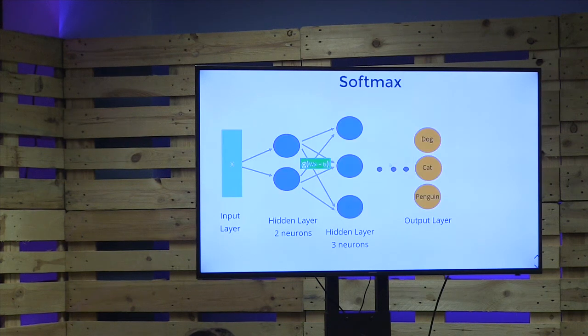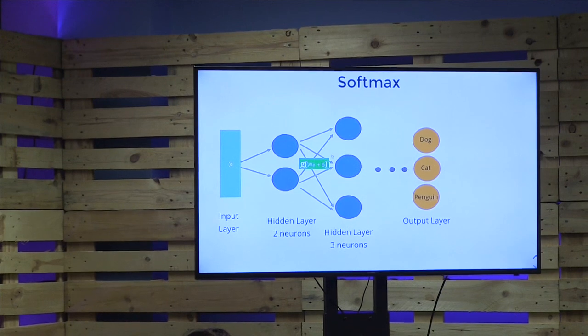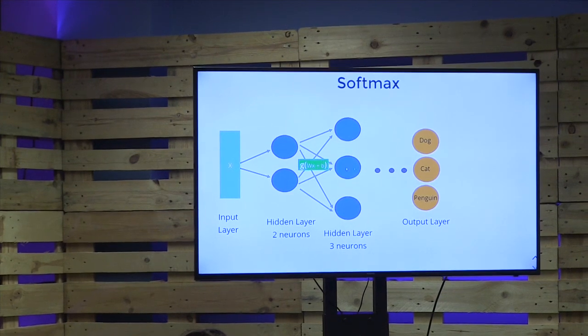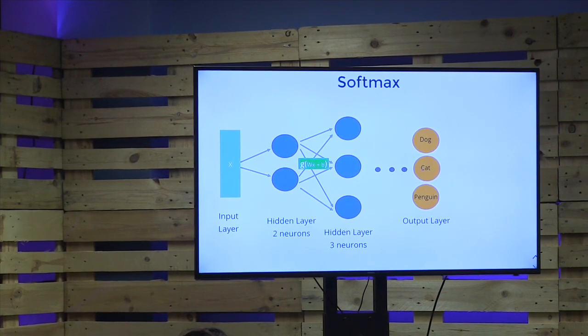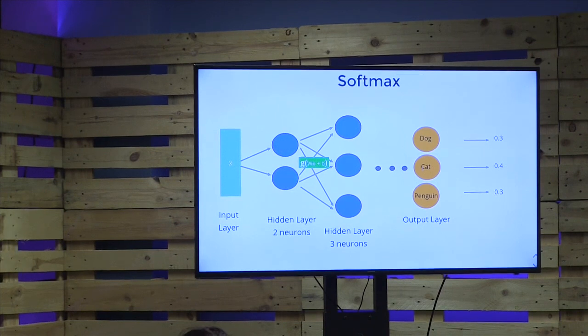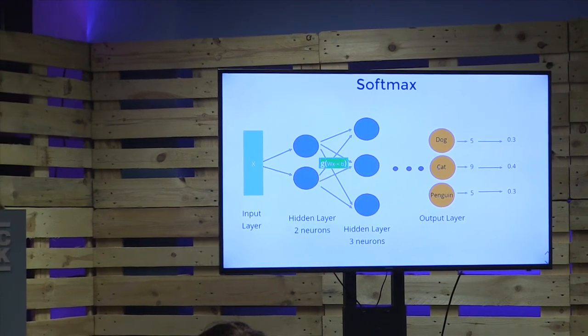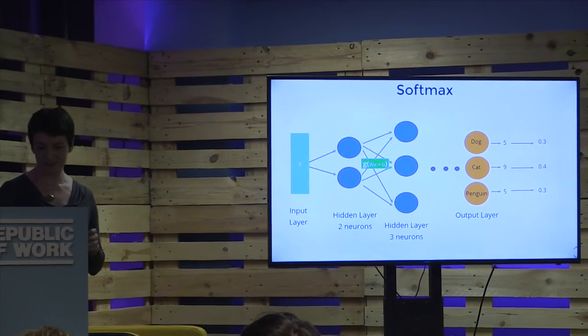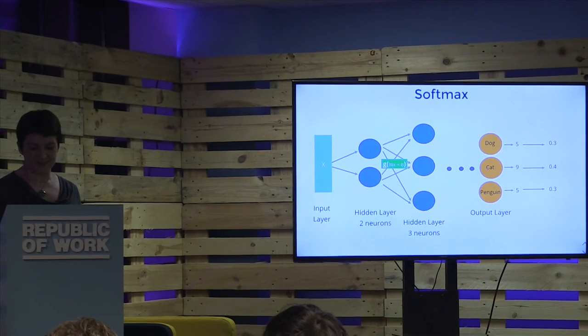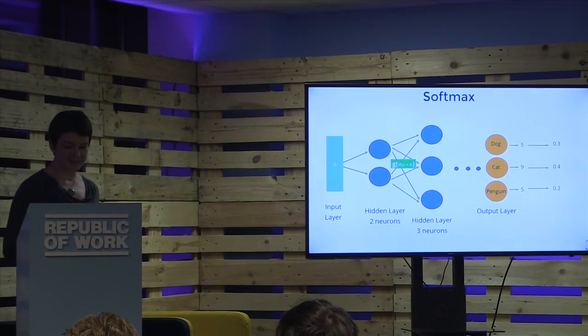Okay, so far so good. We're feeding in our input. After each layer we're pushing through g of Wx plus b, and we want to get to our output layer, which is dog, cat and penguin. Now I said that this output layer would spit out probabilities which would sum up to 1, presumably. That's not actually exactly the case, because what it actually spits out is some numbers, often referred to as logits, and these numbers don't necessarily sum up to 1 in a nice probabilistic fashion.